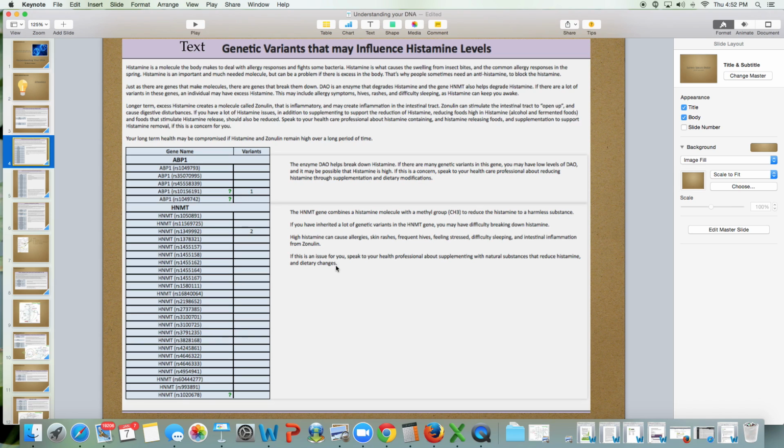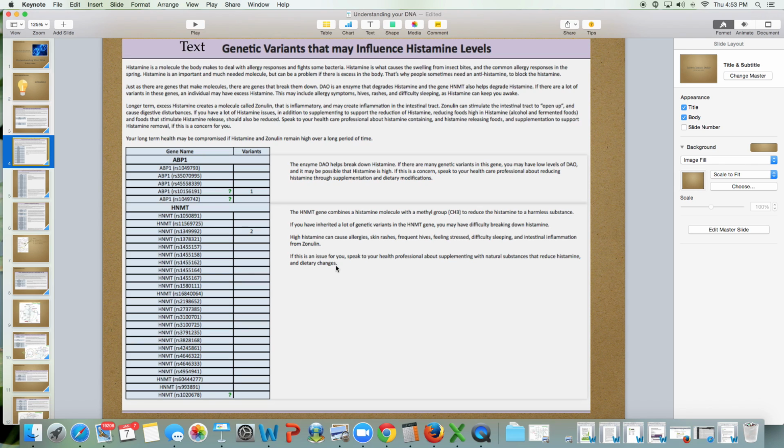The second gene, the HNMT gene, actually makes the enzyme in the body, in the extracellular spaces, so that it breaks down histamine in your body, because mast cells are releasing histamine in your body to kill pathogens all the time, and the HNMT gene is responsible to make the enzyme that degrades histamine in your body.